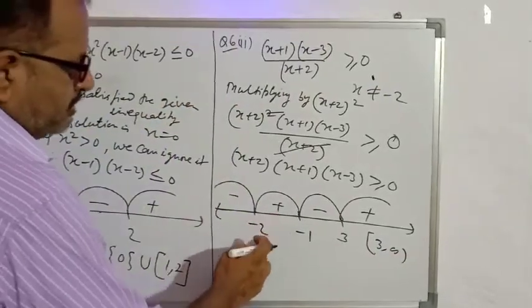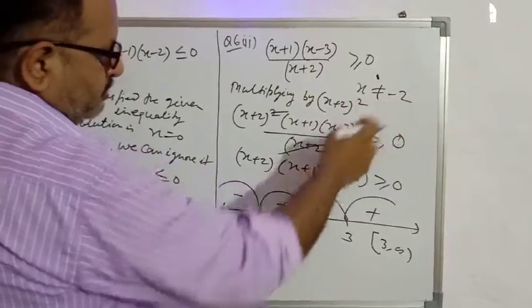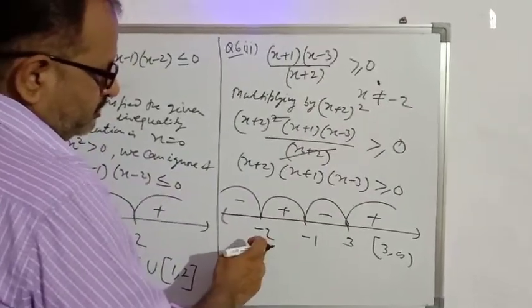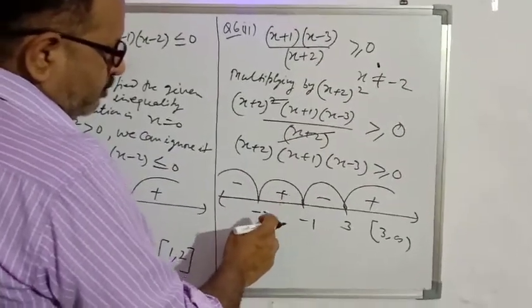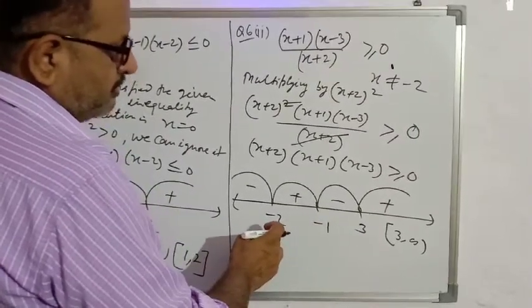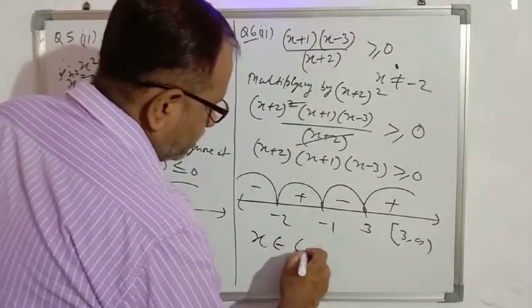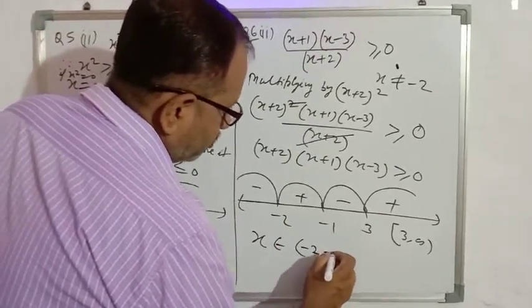and here positive, minus 2 to minus 1. But x is not equal to minus 2, so we will not count minus 2. The value of x lies in the interval minus 2 to minus 1, excluding minus 2. So how will we write it? x belongs to minus 2 to minus 1.